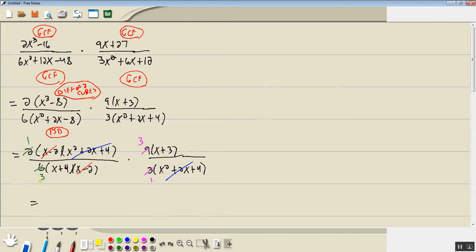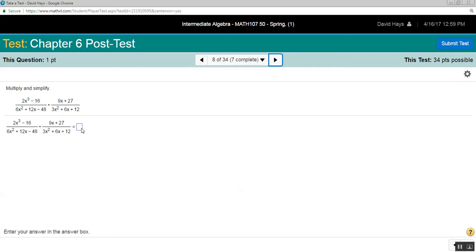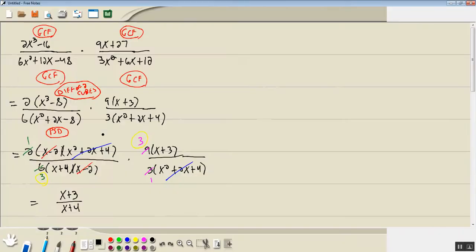And then I see I have a 3 here and a 3 here. Those are going to cancel. So what's left on top? Okay, x plus 3. What's left on the bottom? X plus 4. So that'd be our answer. We get x plus 3 over x plus 4.